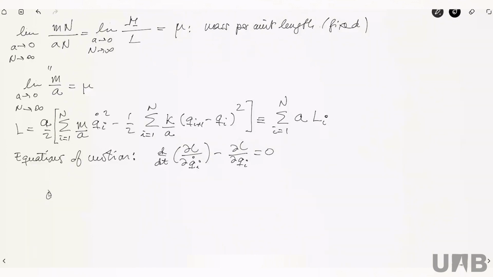So that means that 0 has to be the partial of L with respect to qi dot. If I take the derivative of this thing with respect to qi dot, that's the only term I have to look at. Okay? So that means that I have m qi dot, and then the derivative with respect to time, so that's q double dot. You agree?